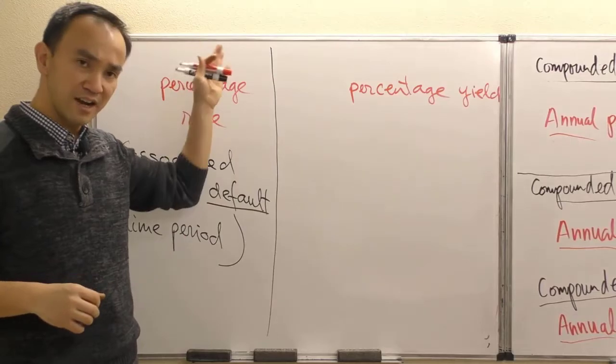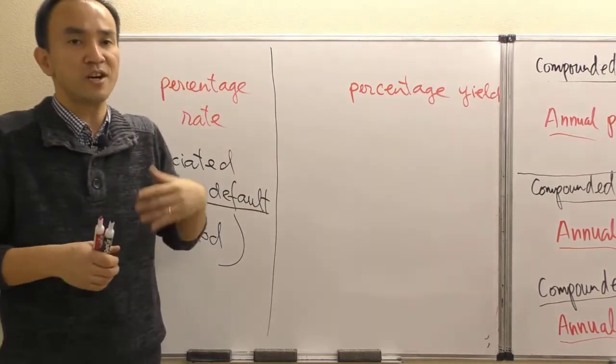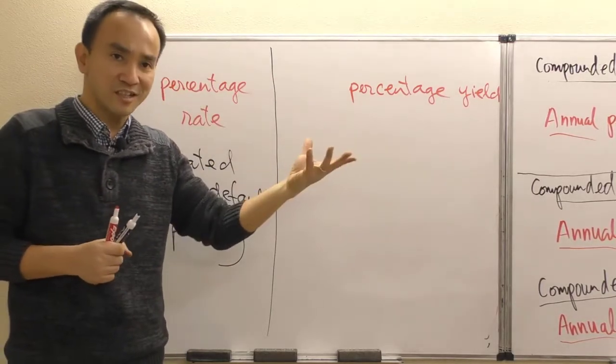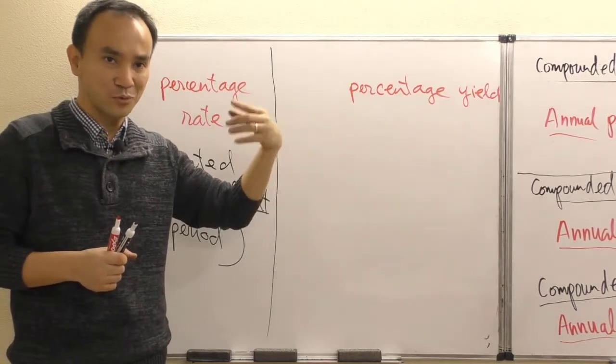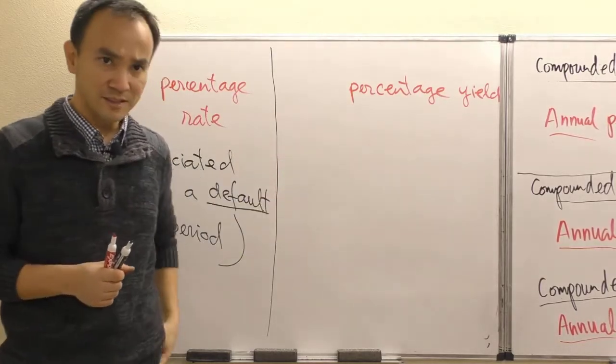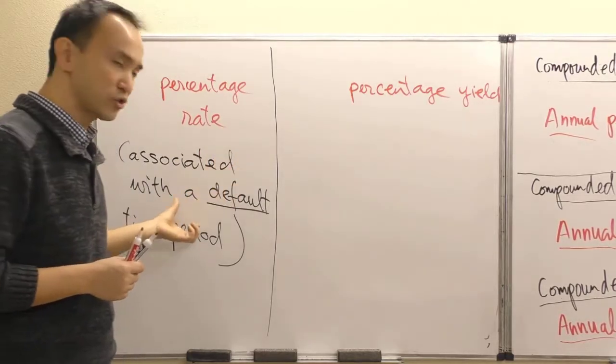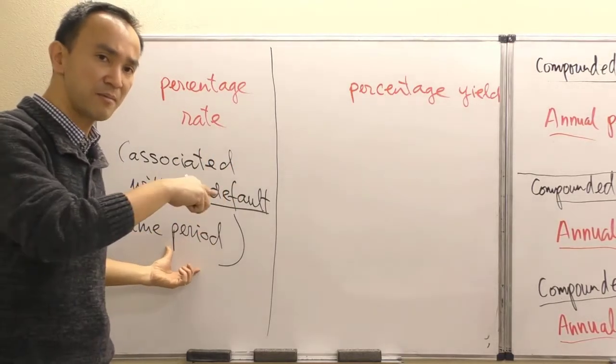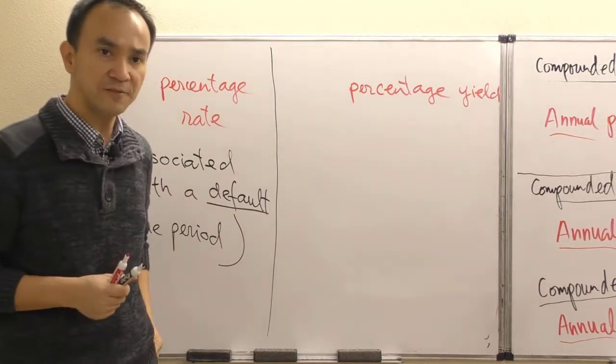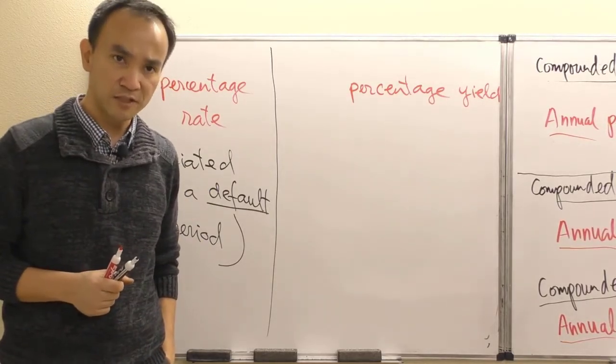And then just now I erased from the board the kind of problem where the loan is charging us an interest of 3% per month. So that percentage rate comes associated with the default time period in the problem. The default time period was per month.